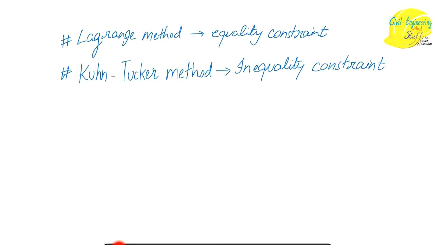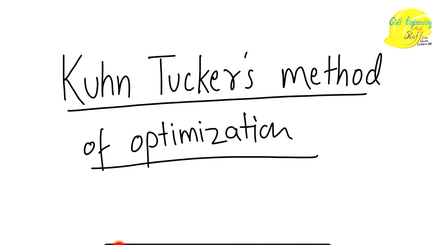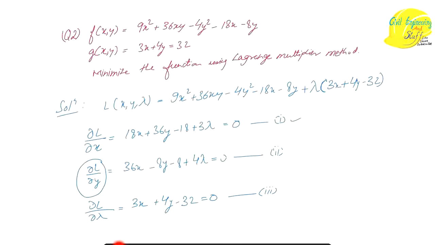When we have constraints of the nature greater than or equal to, or less than or equal to, these constraints come under inequality. If these types of constraints are there, then Kuhn-Tucker's method is used for the optimization. If you remember, in Lagrange's method, when we did numericals, the constraints were of equality nature, that is 3x plus 4y equal to 32.